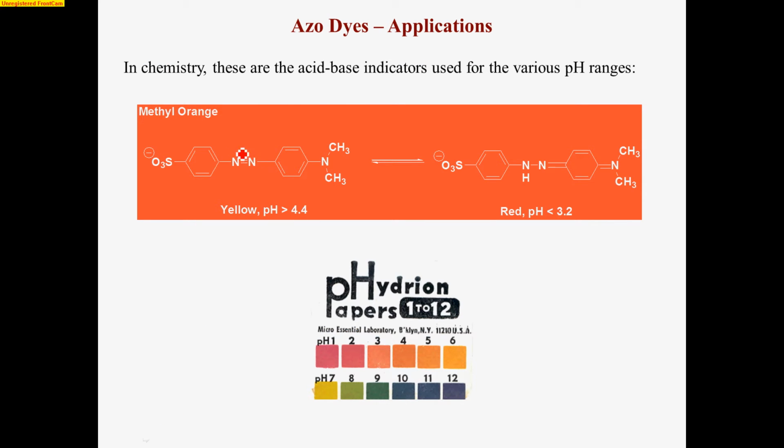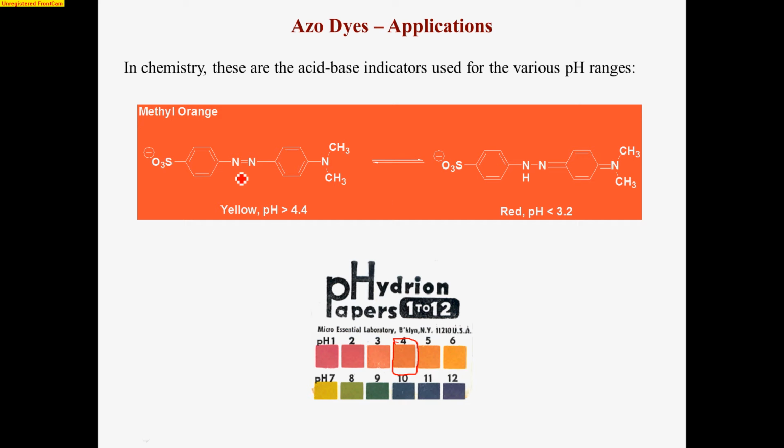Even within the lab, you see a good example of a diazo dye. So this is for pH 4. The diazo dye here can be protonated under low pH, and you can get a molecule that looks like this, where it still maintains conjugation, but the conjugation has changed a bit.